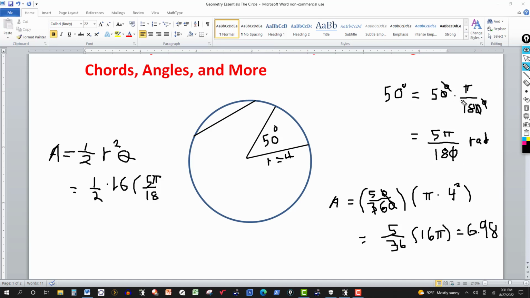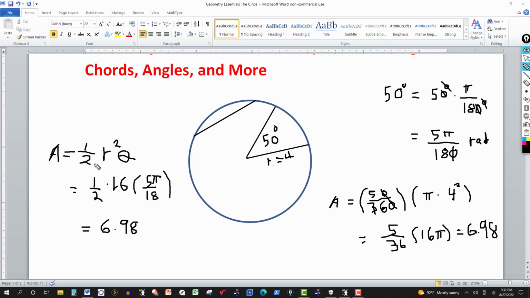I canceled the zeros out there. So then you just multiply 1/2 times 16 times 5 pi over 18. And this should give you the same thing, 6.98.